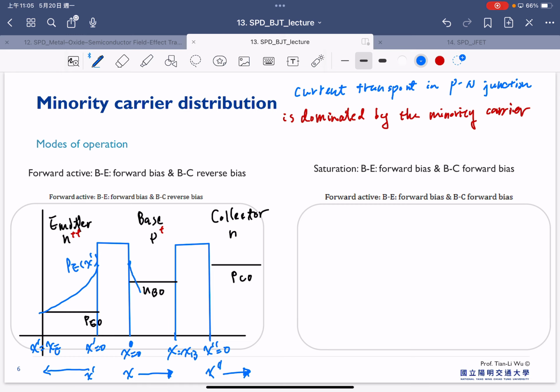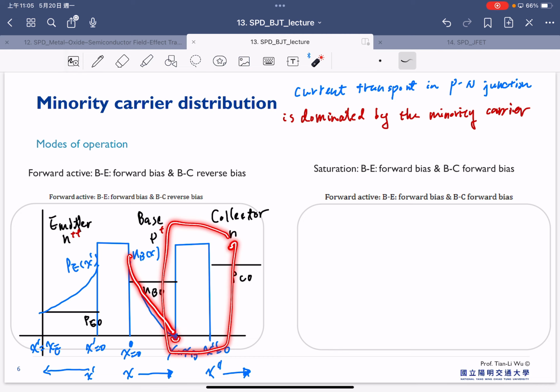It needs to be 0 at this place. Once again, just a reminder that in a typical p-n junction we have here the static concentration. But right now this is reverse bias, so it definitely needs to be 0 at this place. So we have a very dramatic decrease of minority carriers in the base region here.